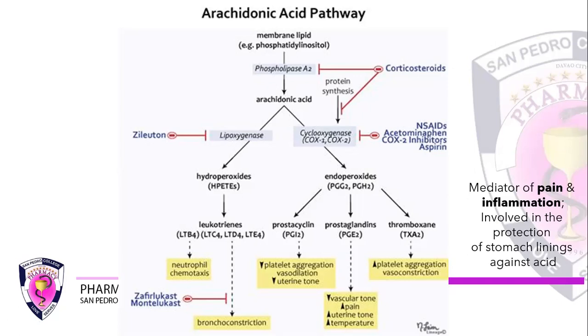So without COX-1, there is no lining or protection for our inner stomach membrane. That is the cause of GI side effects, the GI irritation when taking NSAIDs and aspirin. That is why we have COX-2 selective inhibitors, because COX-2 inhibition only affects pain and inflammation. It does not touch the linings of our stomach.